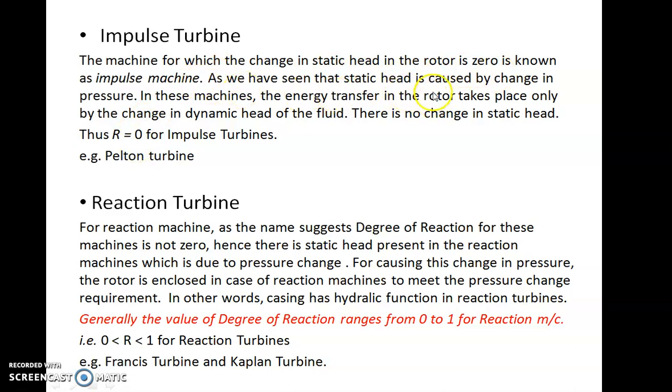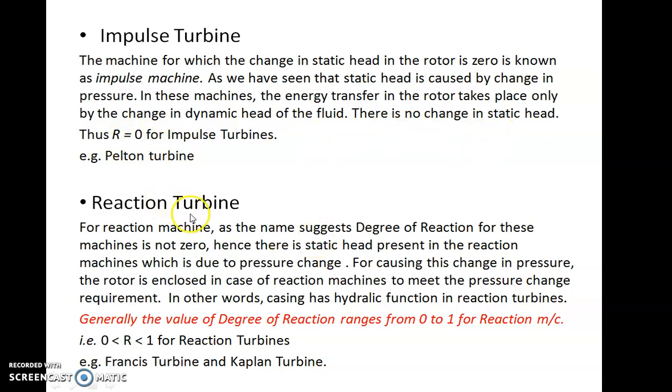As we have seen, the static head is caused only by change in pressure, and in impulse turbine the energy transfer in the rotor takes place only because of the dynamic head or the kinetic energy. So we have seen that pressure energy is completely converted to kinetic energy, and afterwards there is no pressure energy change in case of impulse turbine.